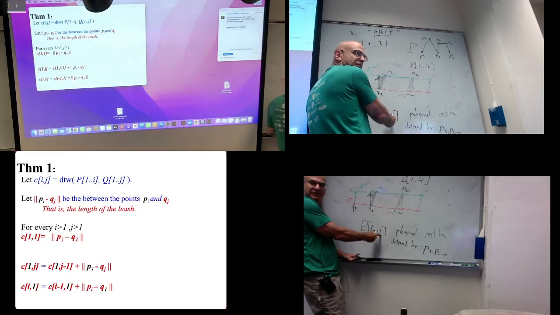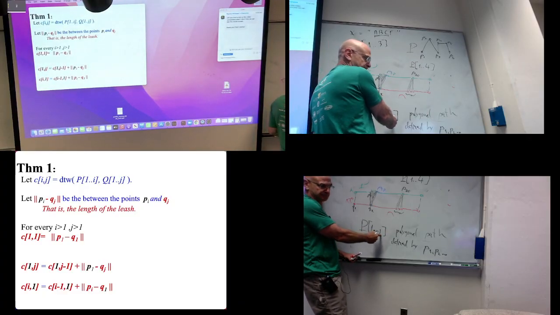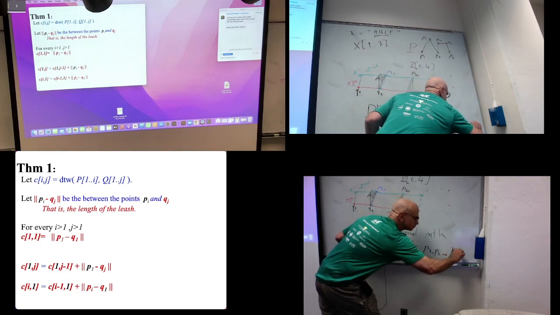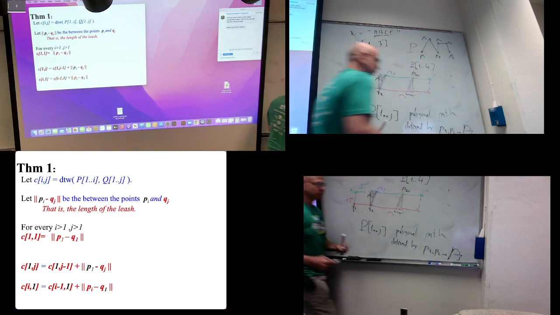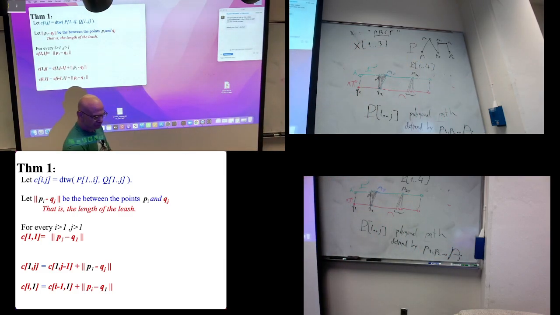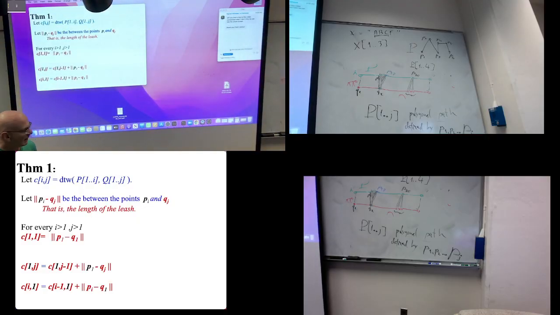I stop at vertex Pj. This is a polygonal path defined by the first j vertices.